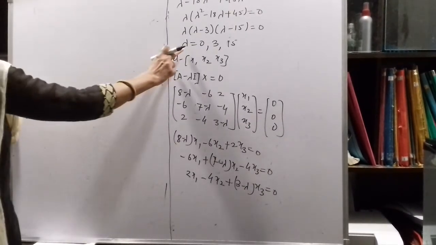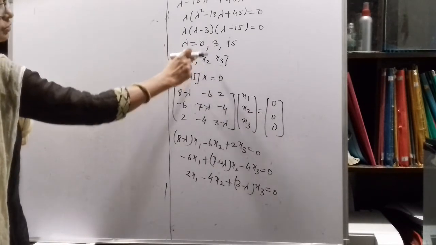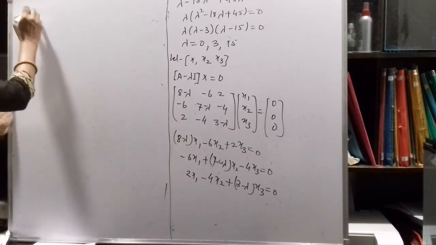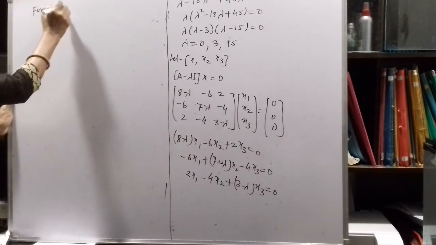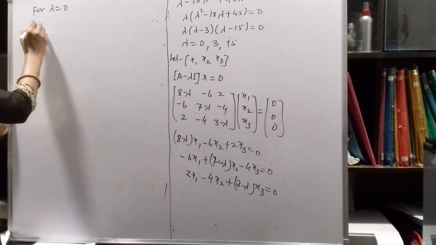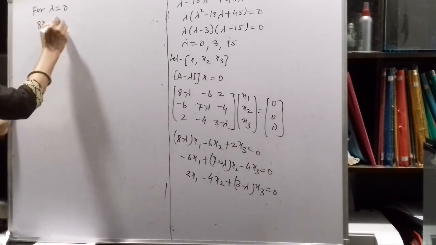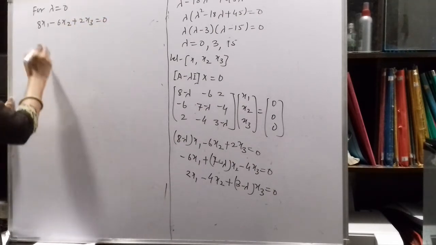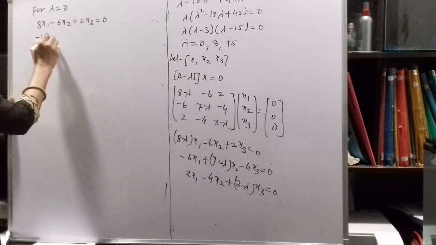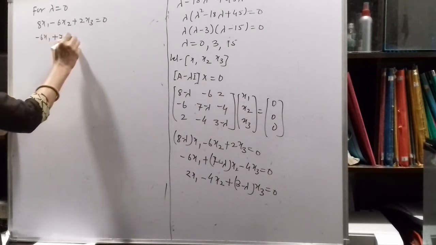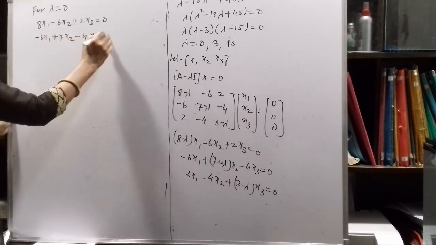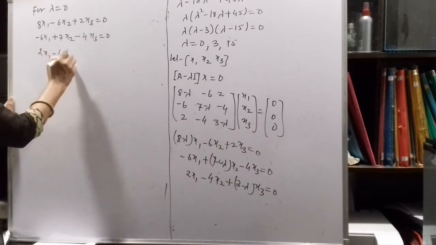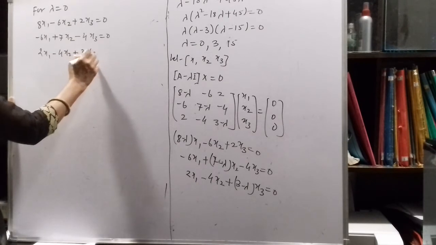Corresponding to the eigenvalue 0, we put lambda equal to 0 in these three equations. So 8x1 minus 6x2 plus 2x3 is equal to 0, then minus 6x1 plus 7x2 minus 4x3 is equal to 0, and 2x1 minus 4x2 plus 3x3 is equal to 0.